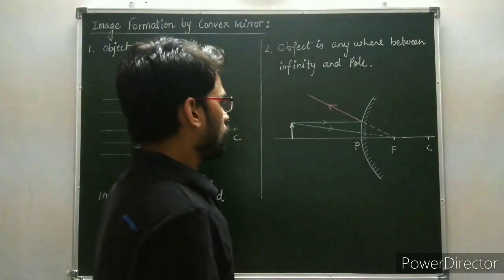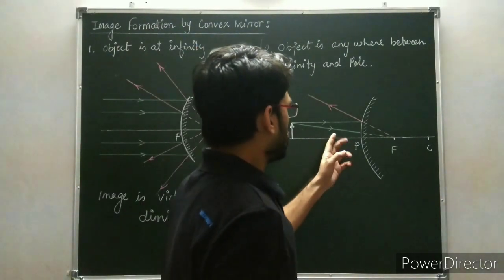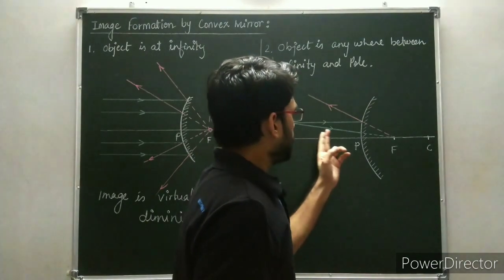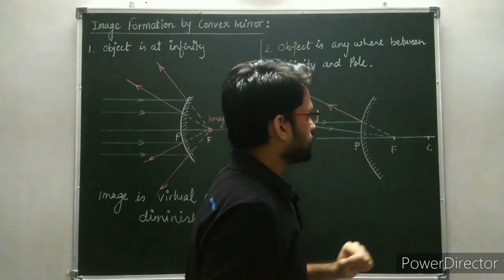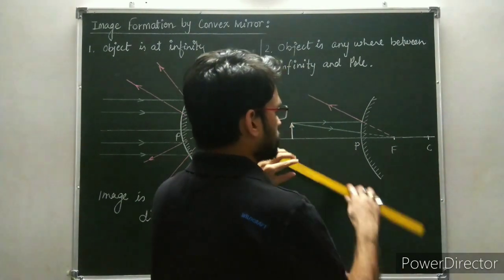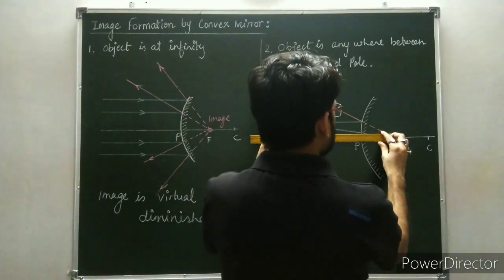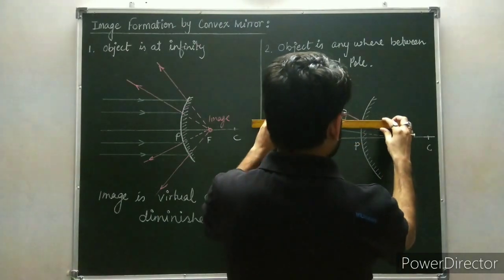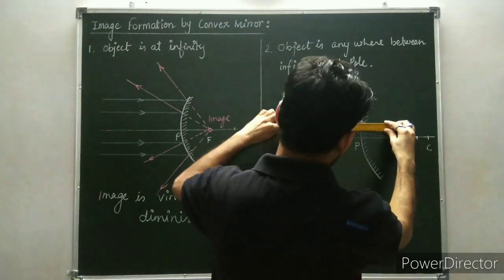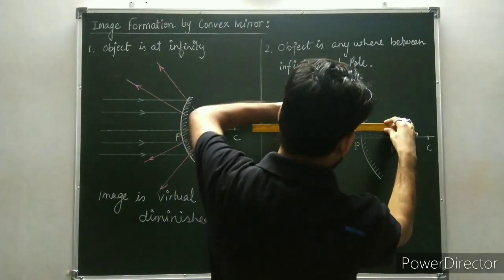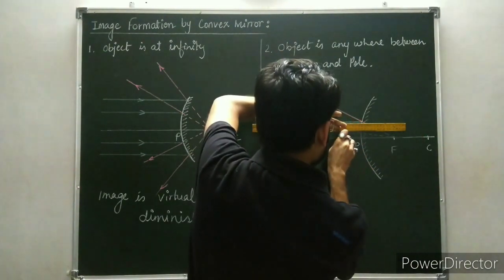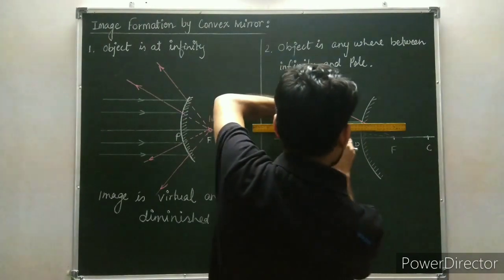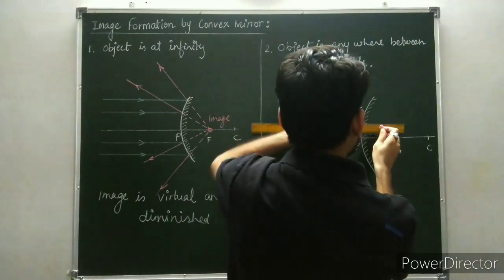Now the second incident ray which appears to pass through focus, after reflection it becomes parallel to the principal axis. So the reflected ray becomes parallel to the principal axis.